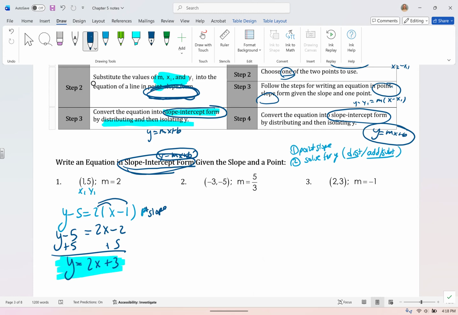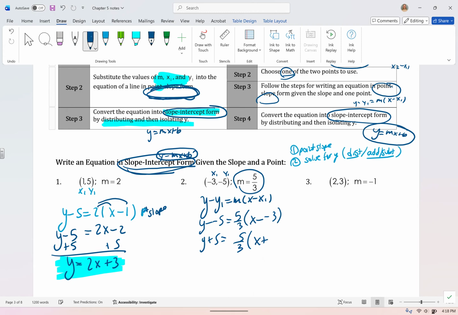Not too shabby. So we're going to start with our point x1 and y1 and our slope m. We're going to put it in point slope form, so it's just y minus y1 equals m times x minus x1. So it'd be y subtract a negative 5 equals 5/3 times x subtract a negative 3. So it'd be y plus 5 equals 5/3 times x plus 3. We need to distribute.